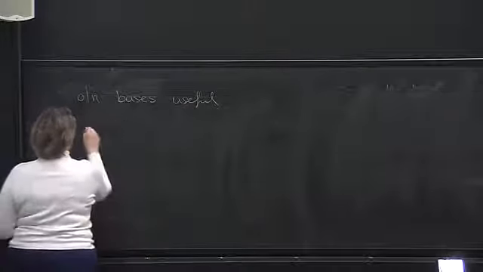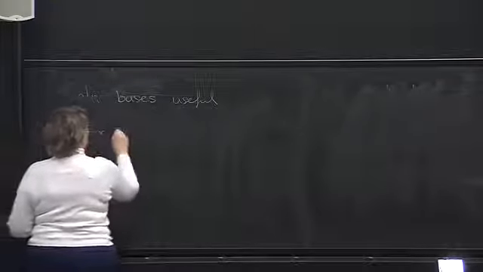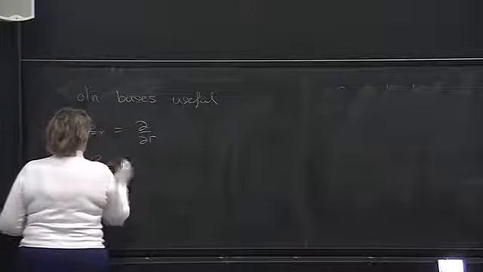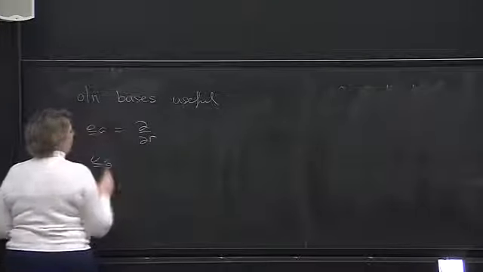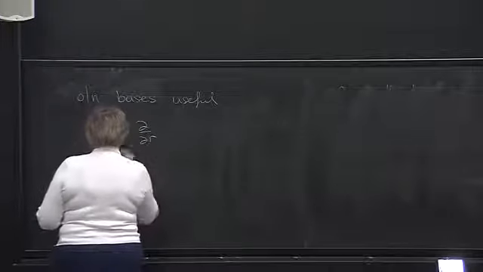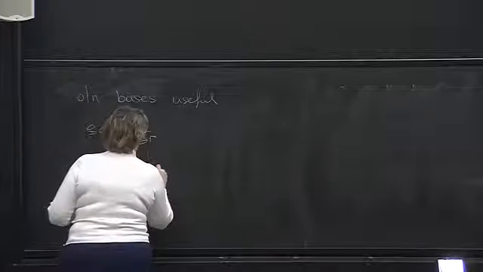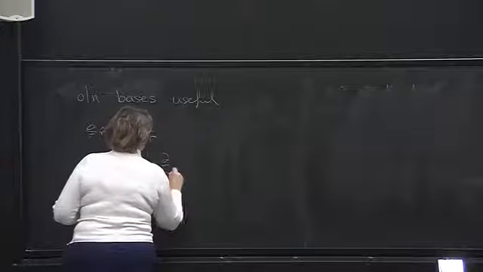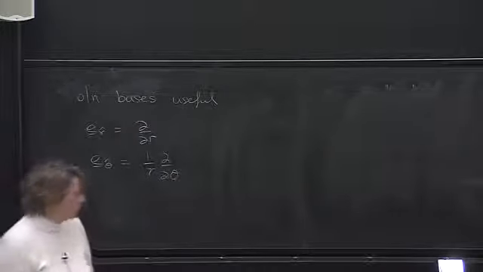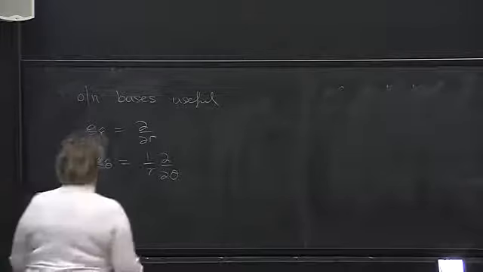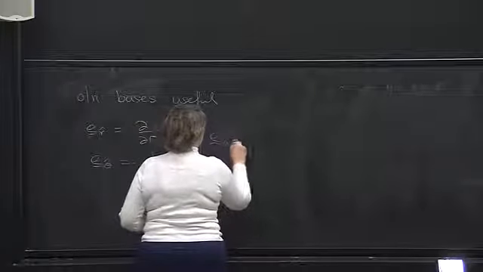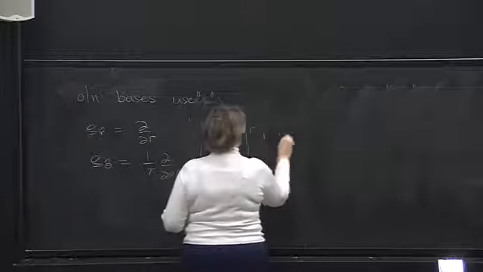So here our orthonormal basis, er, is d by dr, and e theta, if I put a hat on it just to emphasize that it's an orthonormal basis, would be 1 over r d by d theta, to cancel off that r factor. So this is our orthonormal basis, and we could write it equivalently in matrix format.